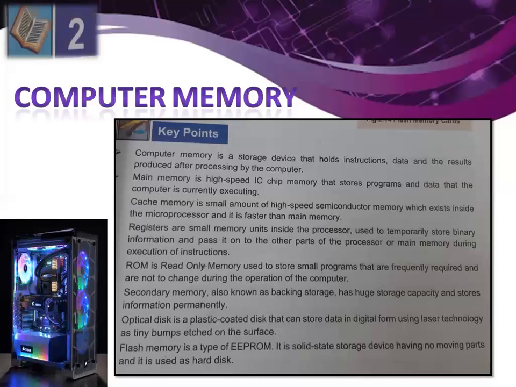Secondary memory, also known as backing storage, has huge storage capacity and stores information permanently. An optical disk is a plastic-coated disk that can store data in digital form using laser technology. It has thin bumps on the surface. Flash memory is a type of EEPROM. It is a solid-state storage device having no moving parts, and it is used as a hard disk.